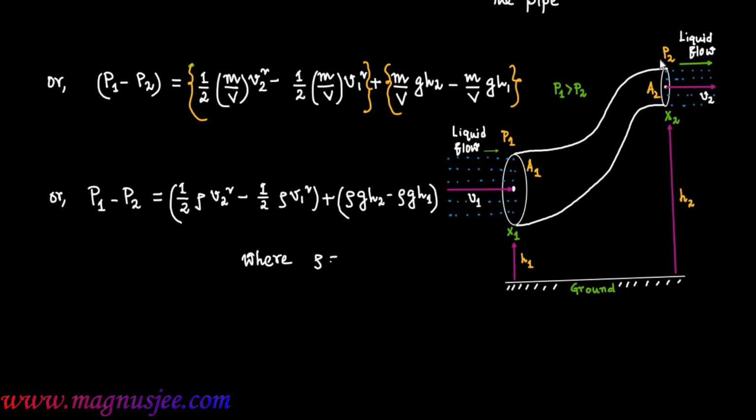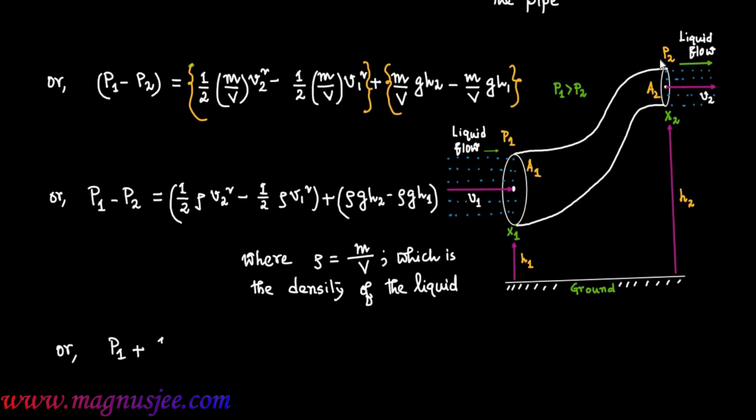where rho is equal to m by V, mass by volume, which is the density of the ideal liquid which is flowing through the pipe x1 x2 due to pressure difference. Or, P1 plus 1 by 2 rho v1 square plus rho g h1 equals P2 plus 1 by 2 rho v2 square plus rho g h2.